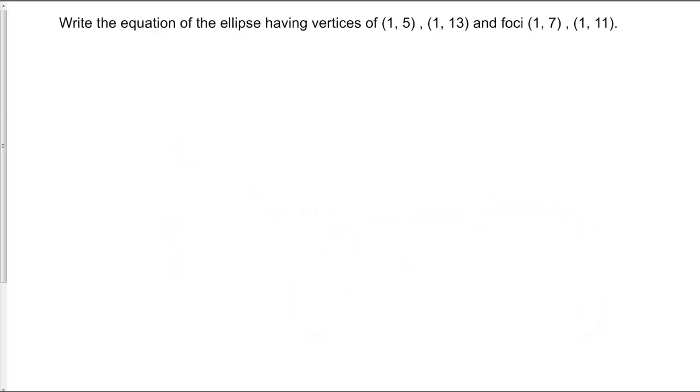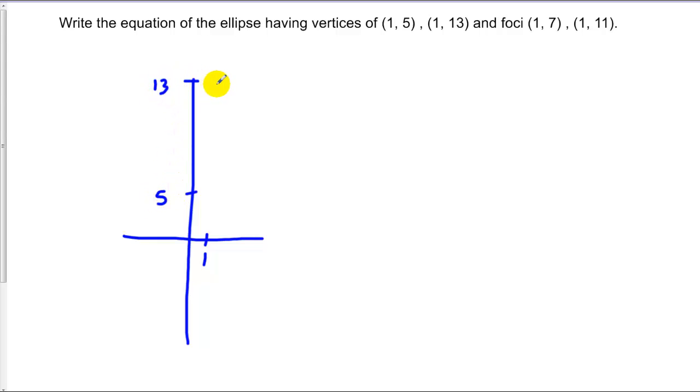Let's do similar with the following example. I now have vertices at 1, 5 and 1, 13. So again, I will draw a sketch. Call this 1, call this 5, this 13. These are my vertices.